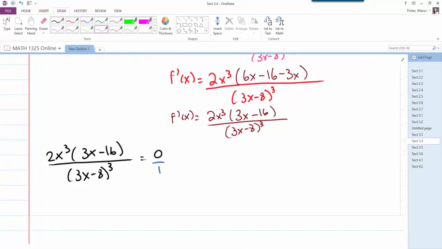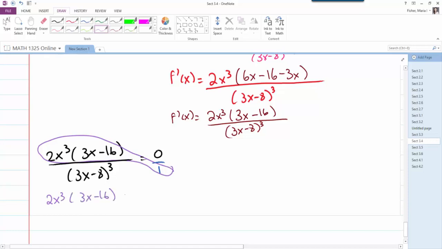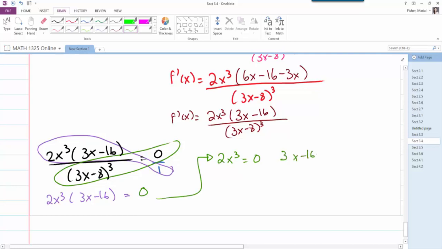So if I multiply 1 times 2x cubed times 3x minus 16, I get 2x cubed times 3x minus 16. And if I multiply 0 times 3x minus 8 cubed, I get 0. Well, I have a product equal to 0, so I know that I'm allowed to set each one of these factors equal to 0 and solve them both for x.